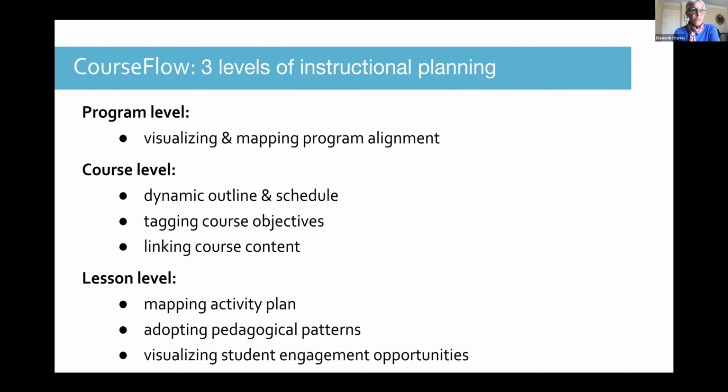The lesson level, which is what we would consider the pedagogical level, where you can map out the activity that you plan for a lesson, as well as adopting pedagogical patterns that are synonymous with things that we consider active learning or student-centered learning, as well as visualizing the student engagement opportunities. So those are the 3 levels that we'll talk about today, and in more detail with some of the examples that Janaea will show you.